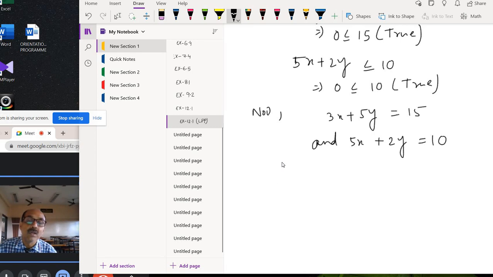So 15x + 25y = 75, and the second one, 15x + 6y = 30.